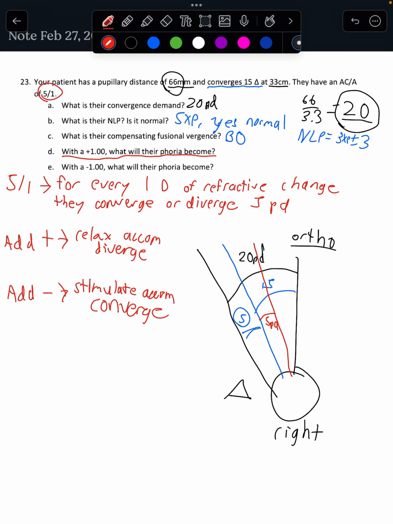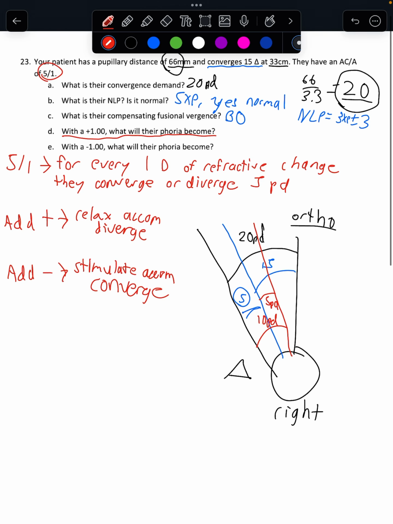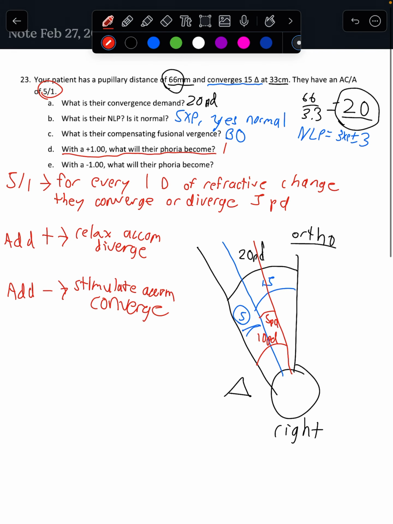So the total amount of distance they're away from the 20 prism diopters that they're supposed to be is now 10. Okay, so they're 10 prism diopters further away from the nose than they're supposed to be, which means this patient has become 10 XP.